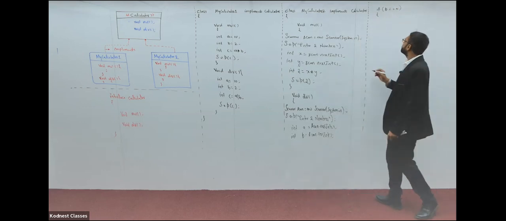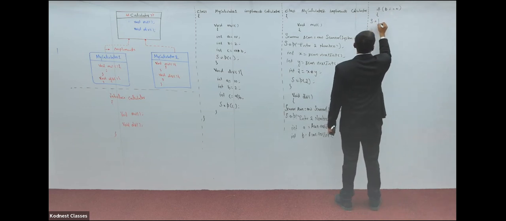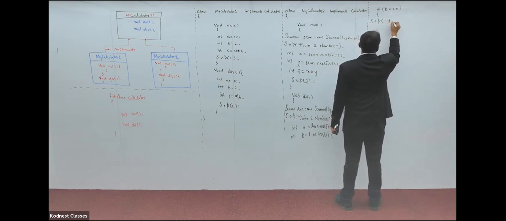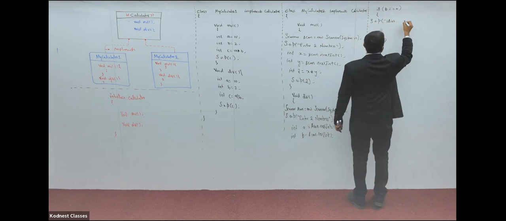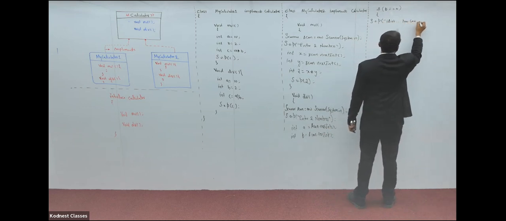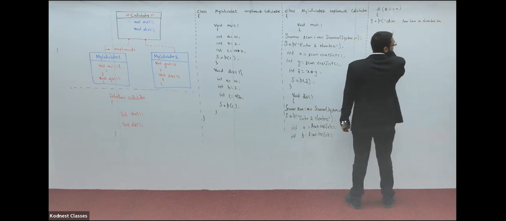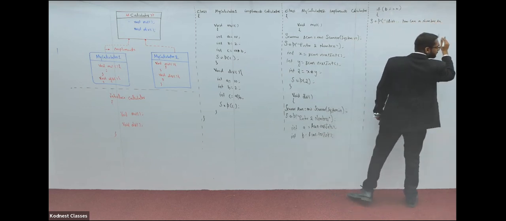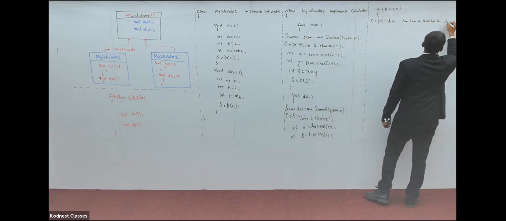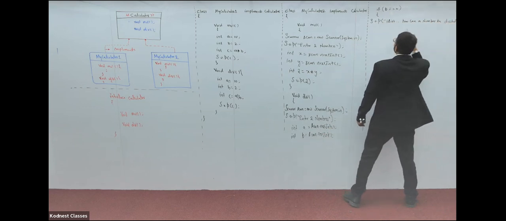If the value of b is equal to 0, I will tell System.out.println: idiot, how can a number be divided with 0?